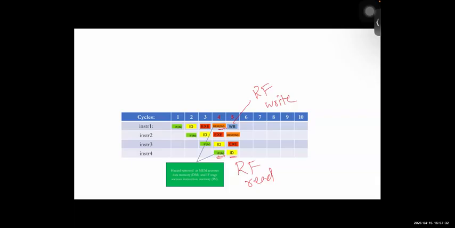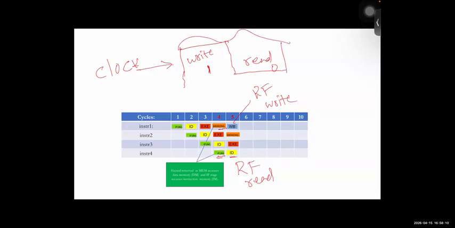One is the high signal, the second one is the low signal. So in total, this is one cycle of the clock signal. So here the data will be written and here the data will be read. This one is 0, this one is 1 in representation. So this total is known as one cycle.